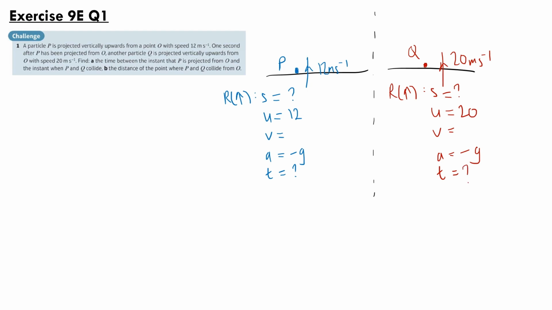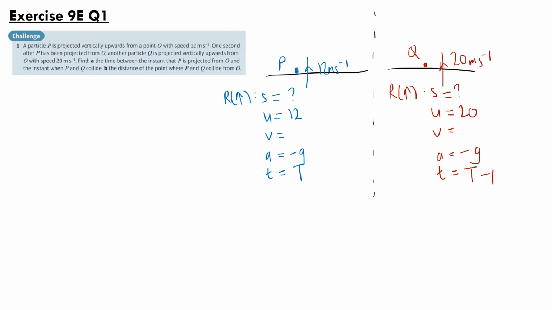Okay, if we call the time that they collide t, then we know that the time for P will be t, so that's when they collide. But because Q is projected upwards a second later, we can say that the time taken for Q to collide is t minus 1.